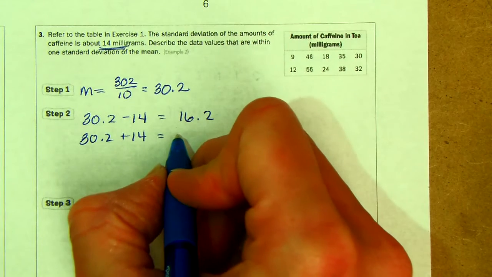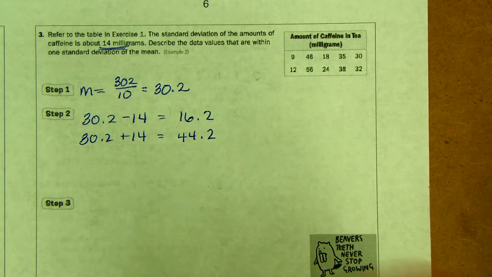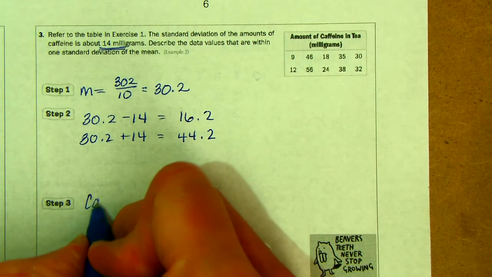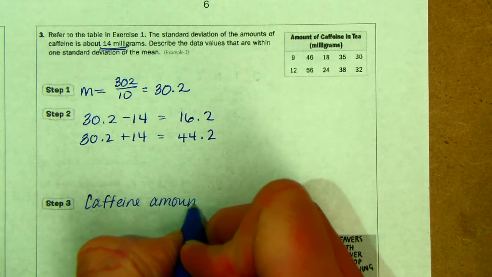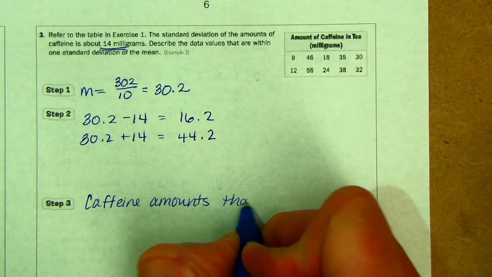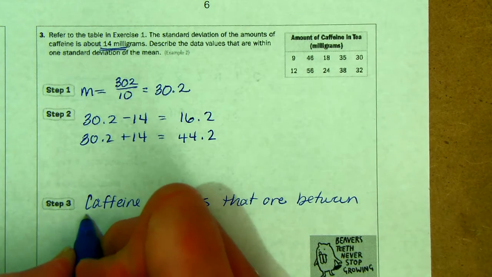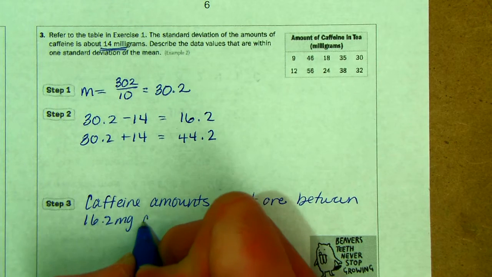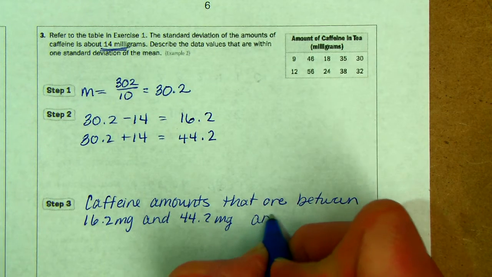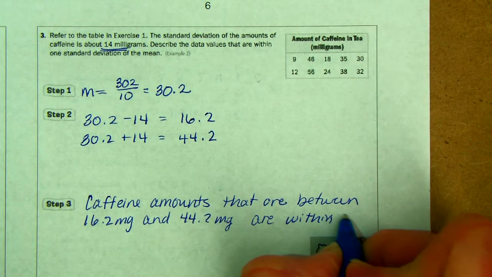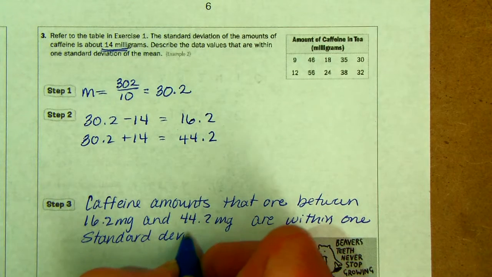So caffeine amounts that are between 16.2 milligrams and 44.2 milligrams are within 1 standard deviation of the mean.